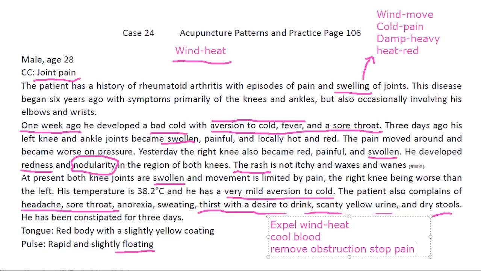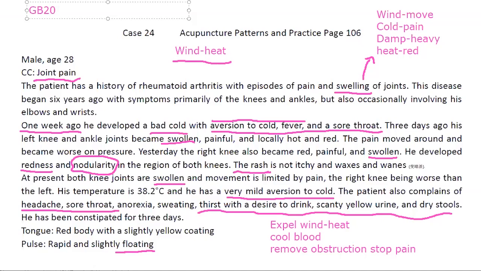So let's see what the points are in the book. Gallbladder 20, that's the wind point.